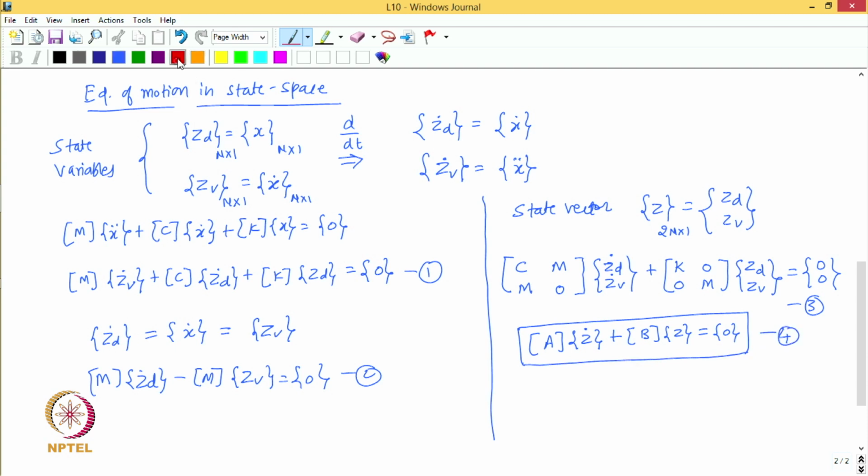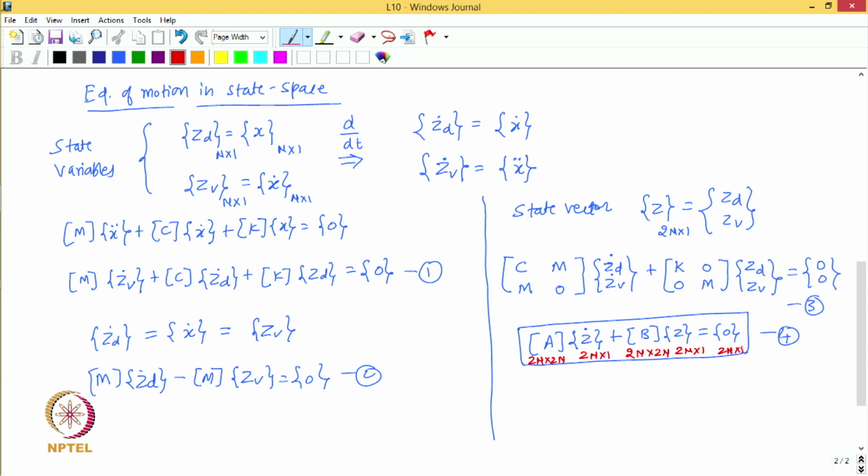This is a state vector of size 2n by 1, B is a matrix of size 2n by 2n, A is a matrix of size 2n by 2n, and Z dot is a vector of size 2n by 1, right.